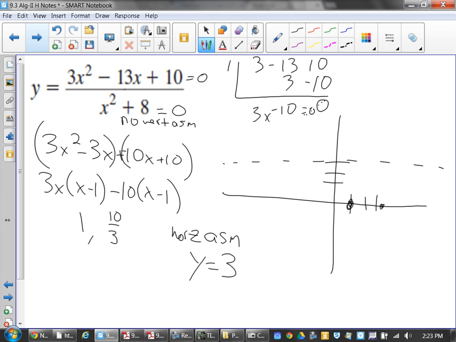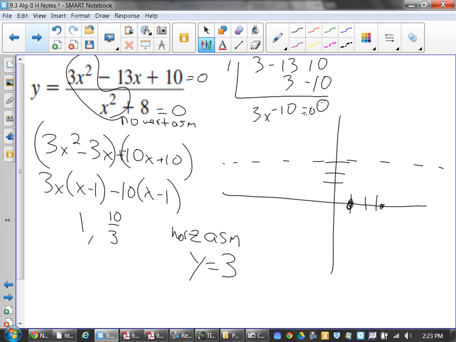If I look at the leading term, see how the degrees are the same? When you have the same degrees, your asymptote will be at their coefficients fraction, which is 3 over 1. Let's write it that way.